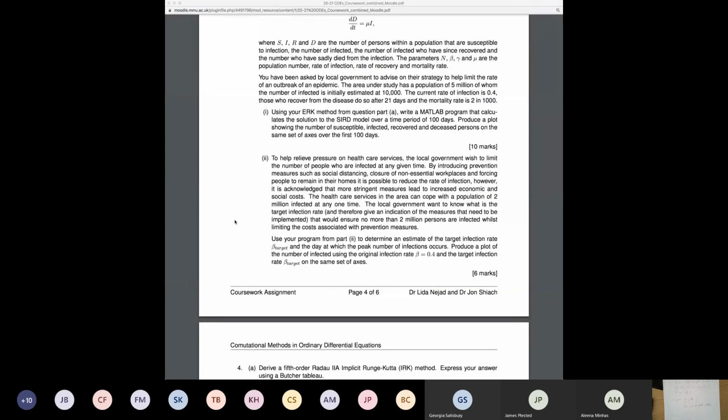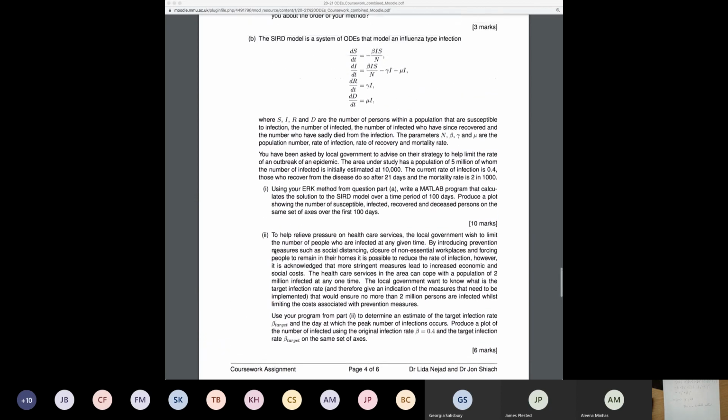I don't have in my mind a way which you should do it. There are different approaches. This is more like, once you've got the model working, you're going to use the model to actually try and find out what our target infection rate is. As you could probably tell, this question is sort of influenced by recent events as well.